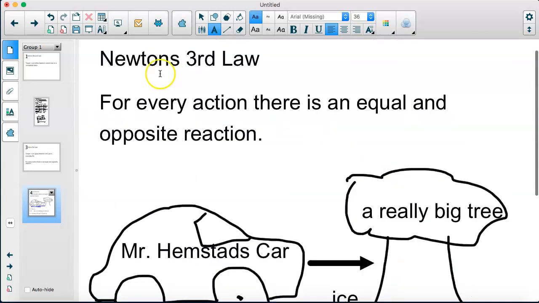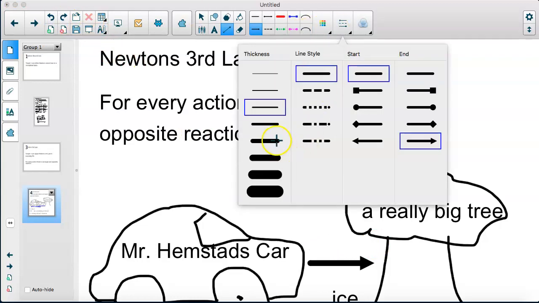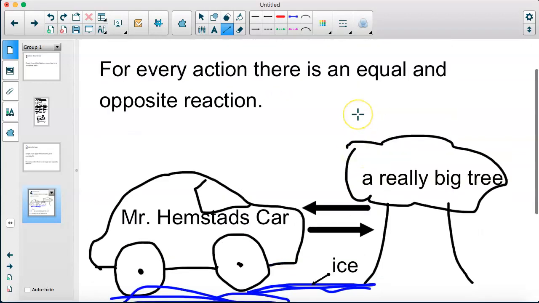And that's where Newton's third law comes in. For every action, there's an equal and opposite reaction. So I was going to hit that tree with 50,000 newtons of force, and that tree was going to hit me back just as hard with 50,000 newtons of force.